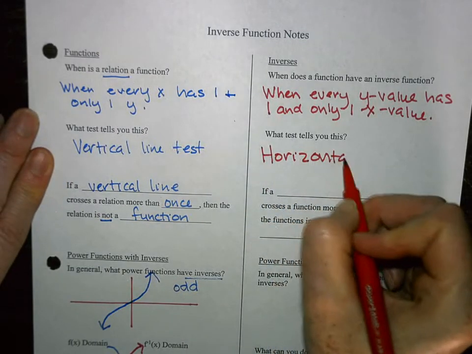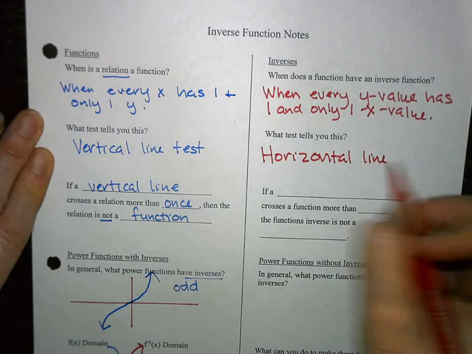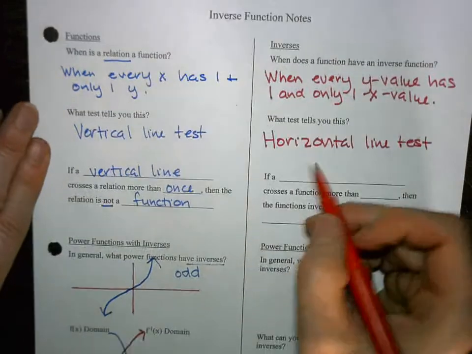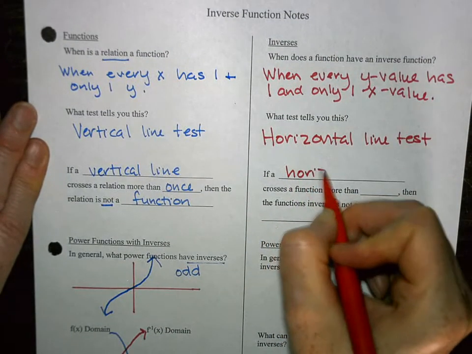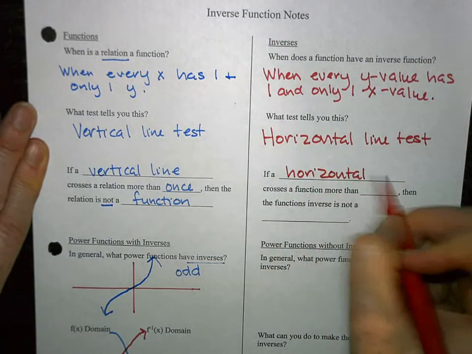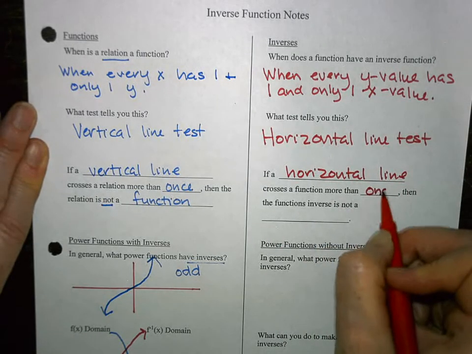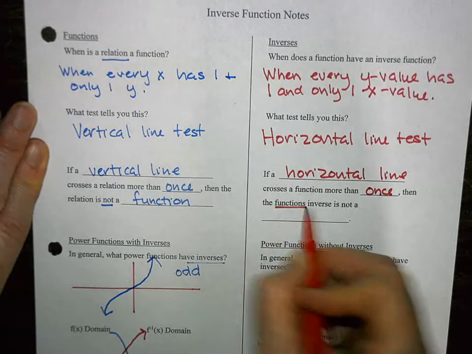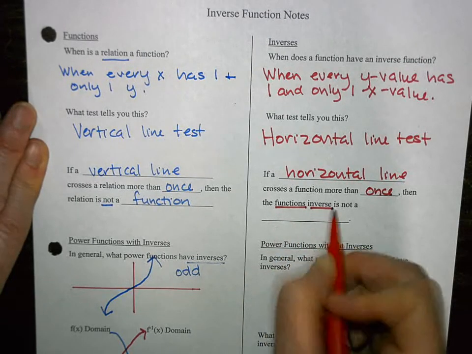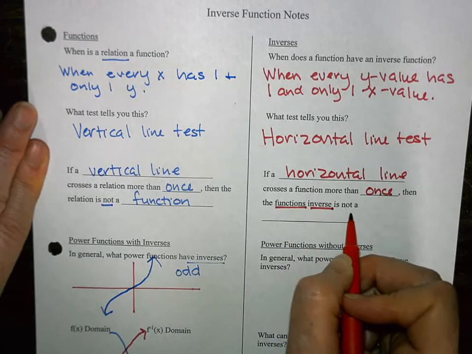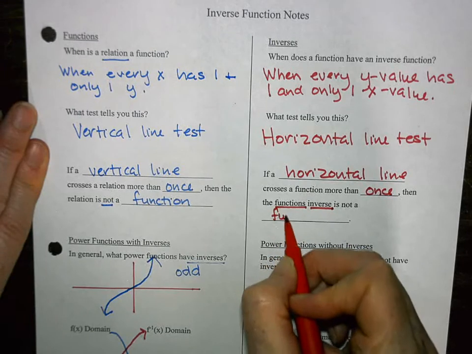The horizontal line test tells you that if you draw a horizontal line and it crosses a function more than once, then the function's inverse, not the function itself, is not a function.